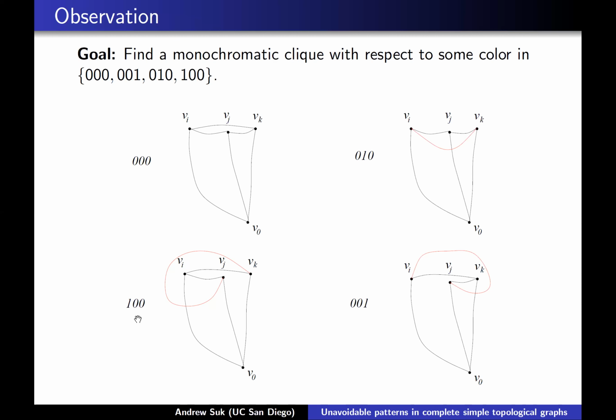And likewise, if you have m vertices such that every triple has the 1, 0, 0 pattern, then it's not hard to see that that would correspond to the complete twisted graph. So now we're just looking for a monochromatic clique among these triples.